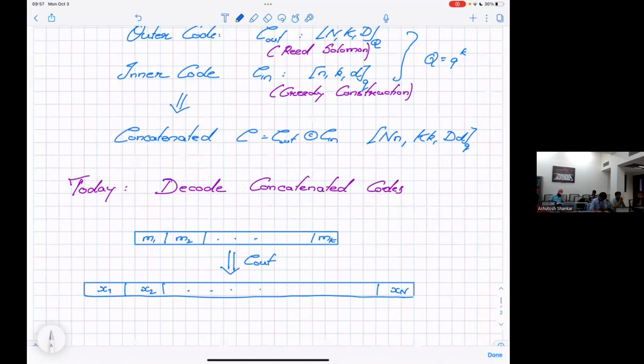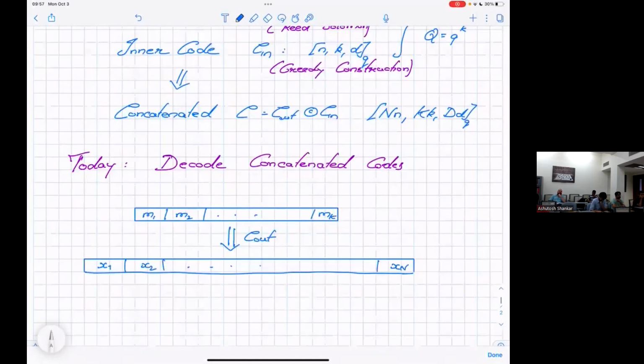So what's the decoding question? To look at it, first let's see what the encoding process is. We have this K symbol message. The outer code encodes it, and we get an N symbol codeword.